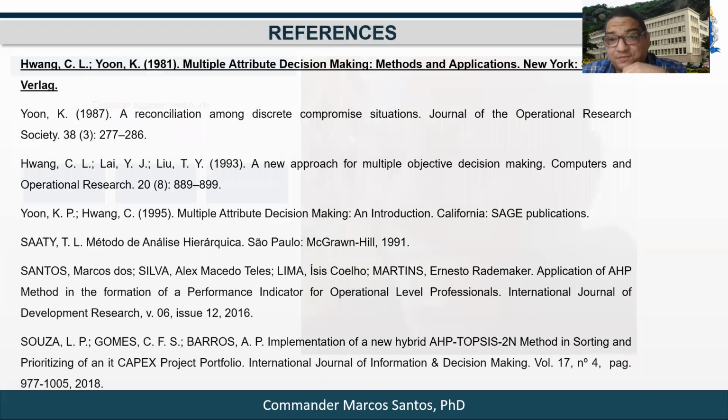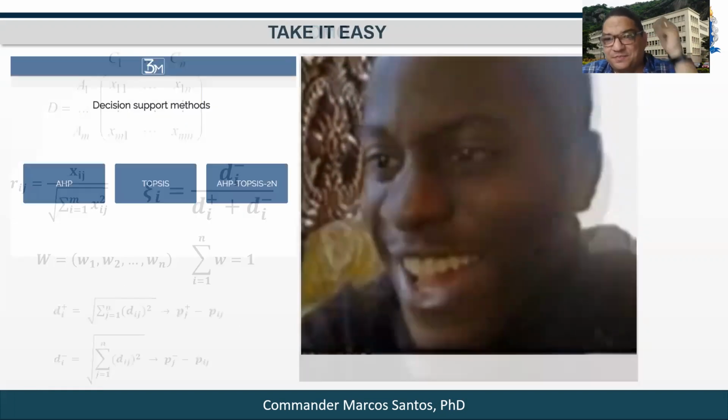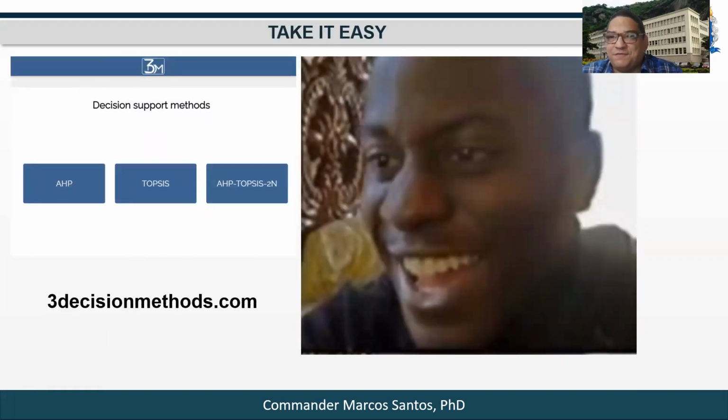But if you see my tool, my software, it's very easy, very simple to use the TOPSIS method in only 3 steps: the set of criteria, the set of alternatives, and the decision matrix values.